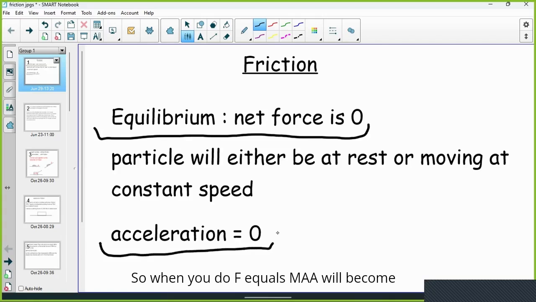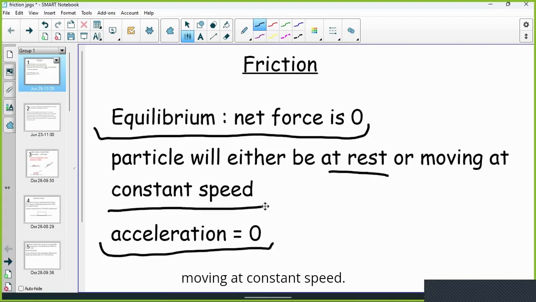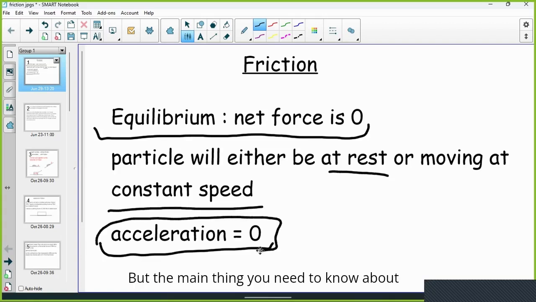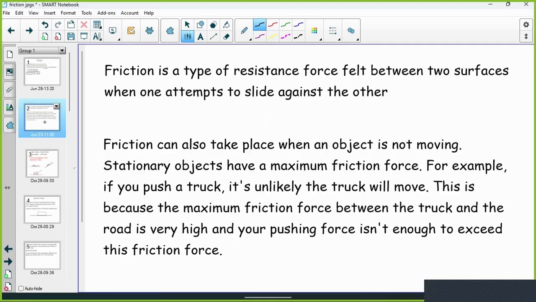So when you do F equals ma, a will become zero. And equilibrium basically means the particle is either at rest or moving at constant speed. But the main thing you need to know about equilibrium is that acceleration is always zero. We'll come on to this when we get these type of questions, but moving on to friction.